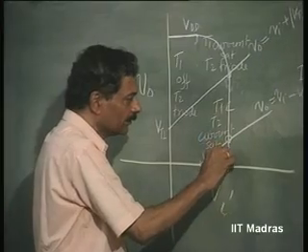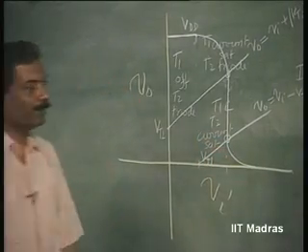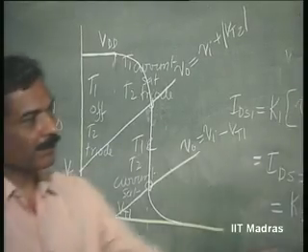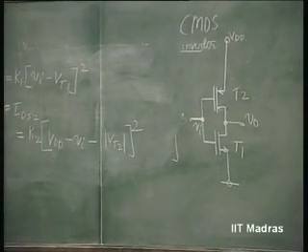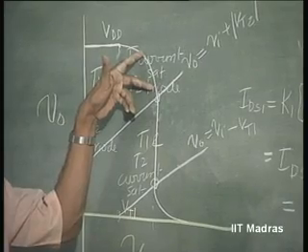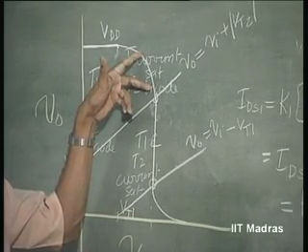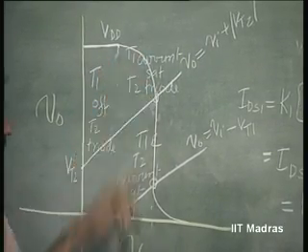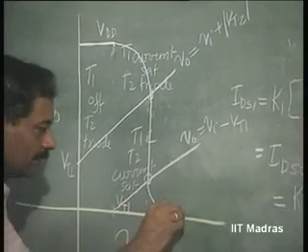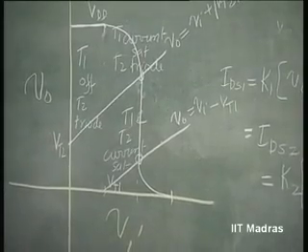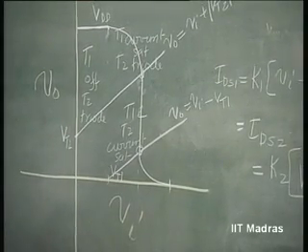Thereafter, what happens? This transistor enters the triode region. The story is exactly similar to this region. Since it is symmetric, it is exactly similar to what happens in this region. So, I would leave it to you to complete this. Ultimately, as this reaches what value?